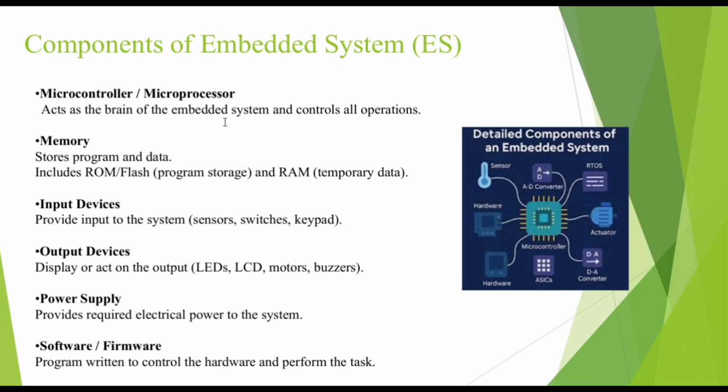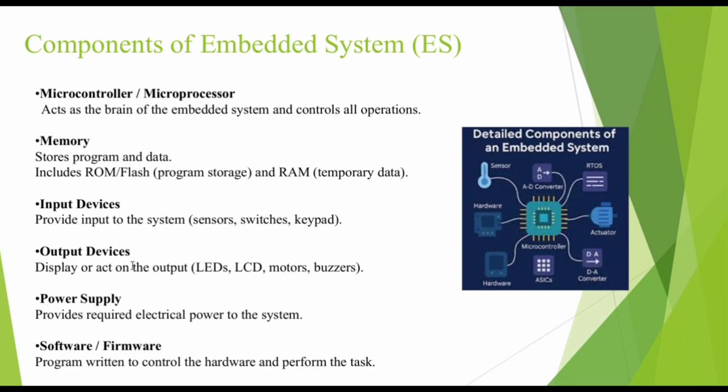The microcontroller and microprocessor is the CPU of the system which executes the instructions and manages the operations. Then the memory stores the program and data. Then the input devices provide the input to the system, for example sensors and switches.